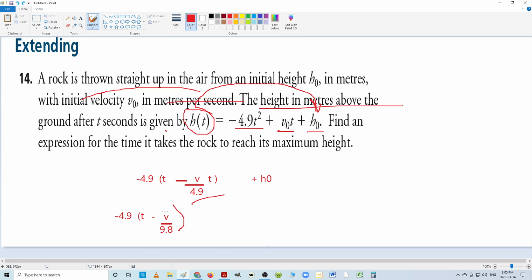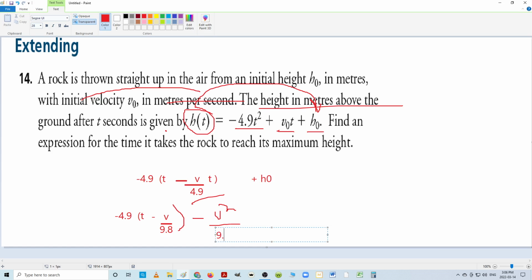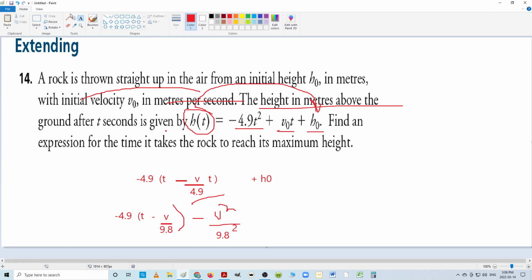And then if I'm going to subtract that, I have to square it and subtract it. So it's v squared over 9.8 squared. Both squared. To get it outside of the giant brackets, I have to multiply it by 4.9.